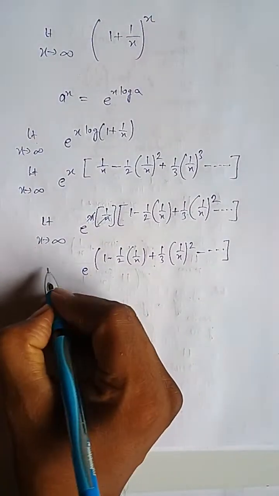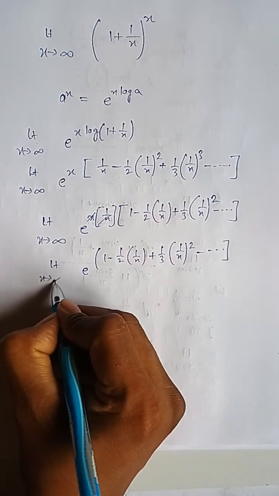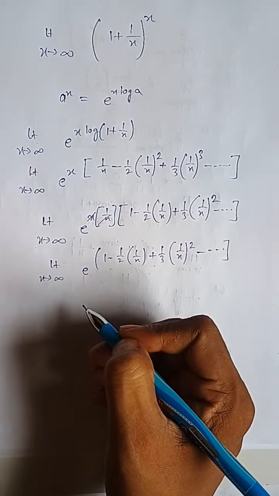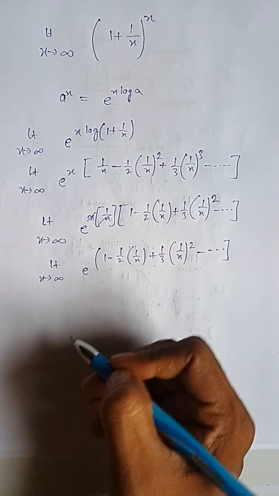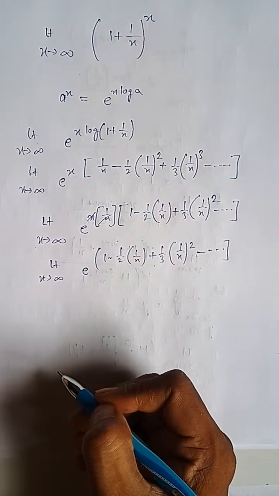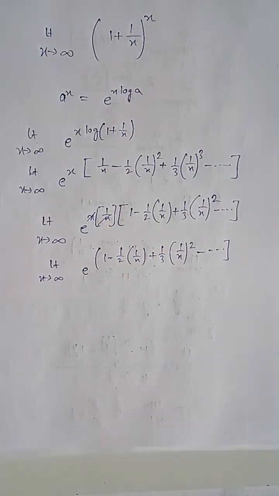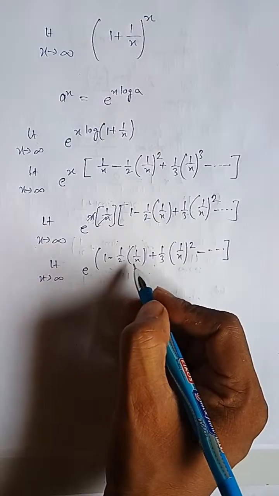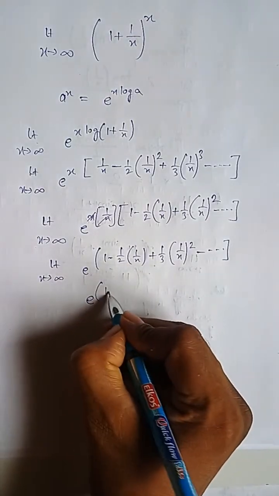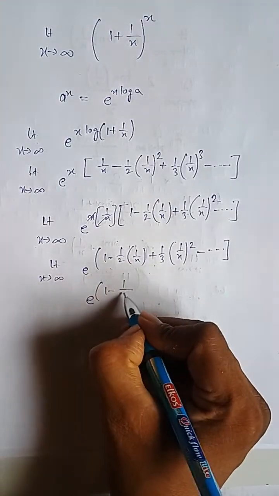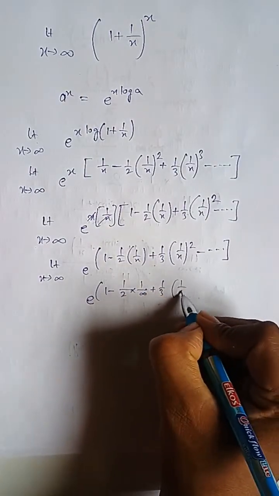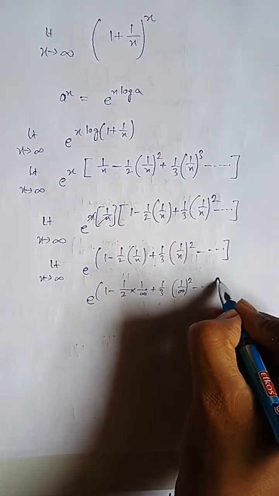Now see, here we will apply the limit. We will just apply the limit over here. Okay, limit x tends to infinity. So this term is 1, and this is infinity, 1 by 2 into 1 by infinity, same with 3, and 1 by infinity minus dot dot dot.